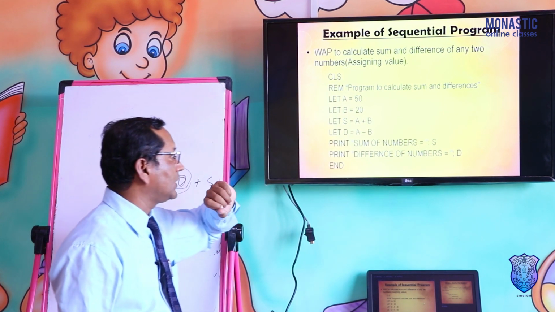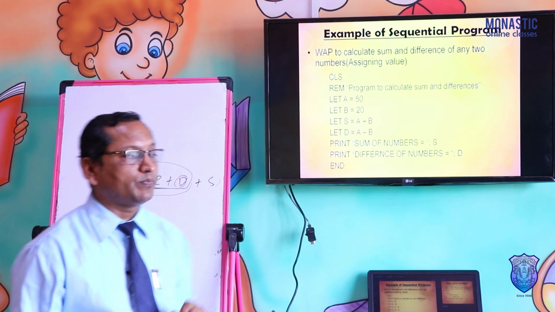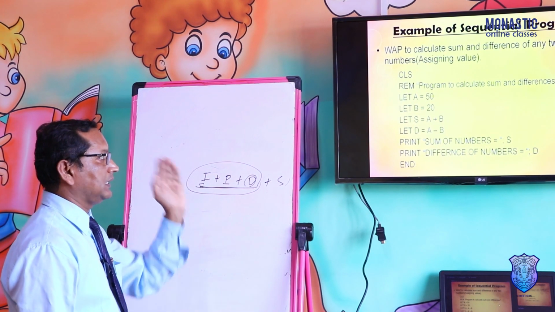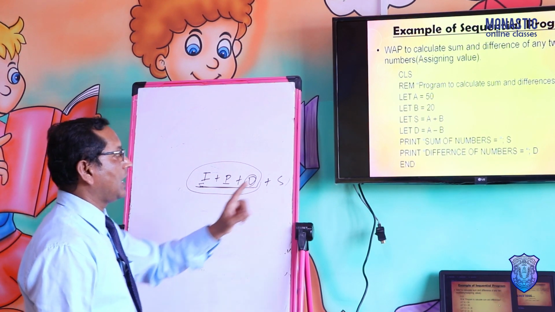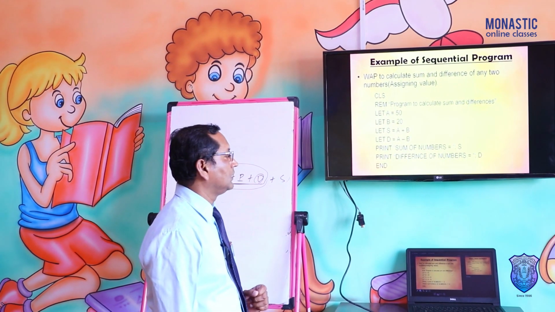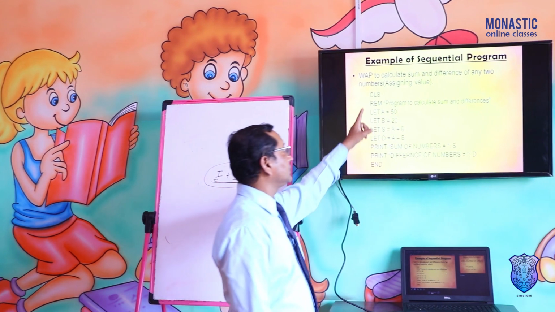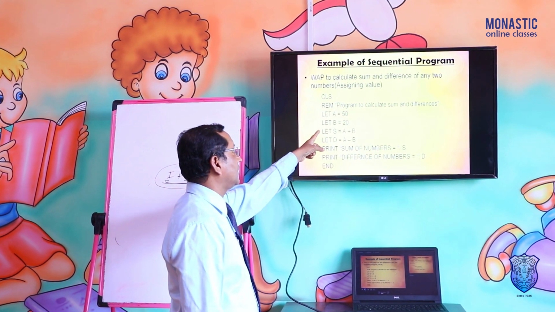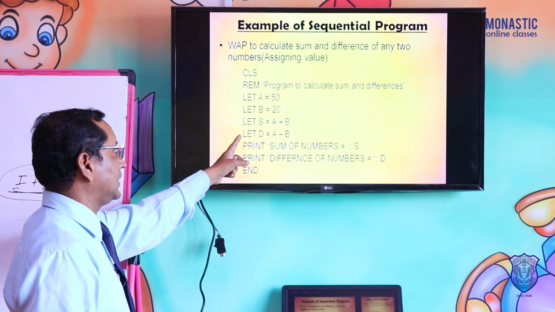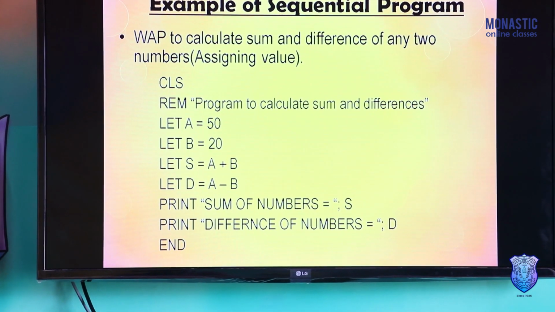S = A + B and D = A - B are the processing. After that it will produce the result, S and D. So these two lines work as input, these two lines work as processing, and these two lines work as result output.